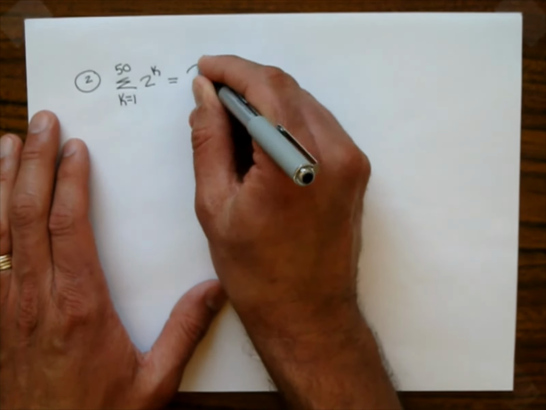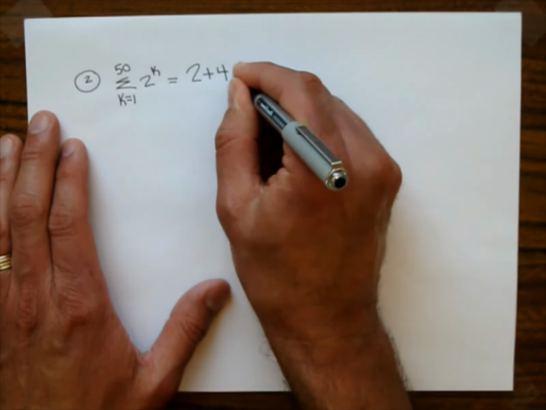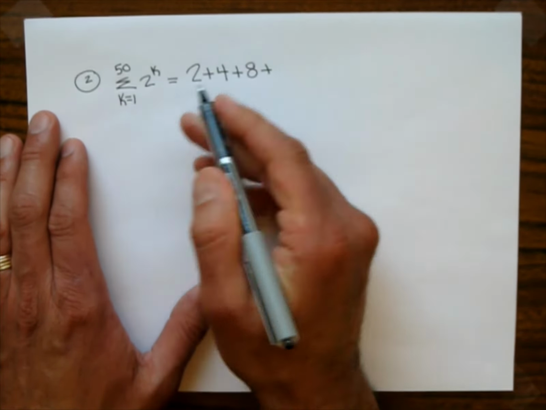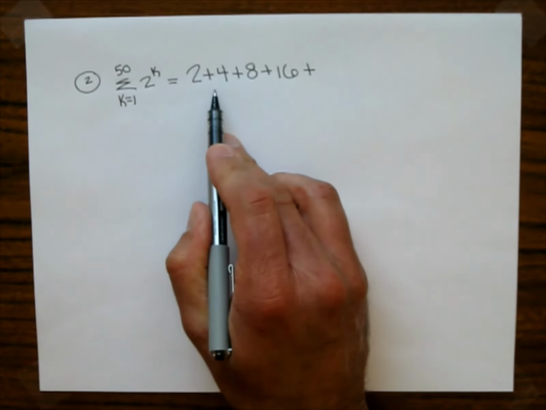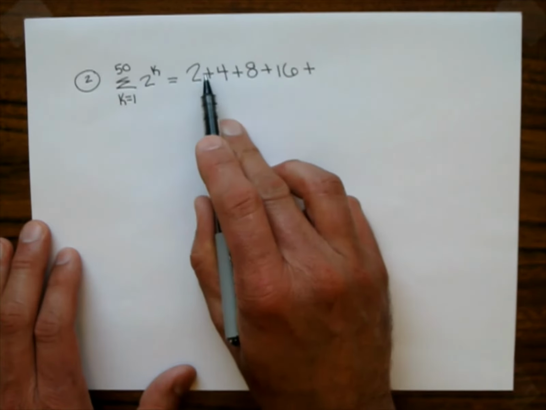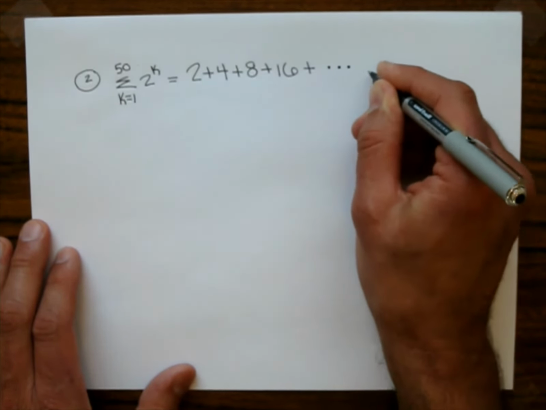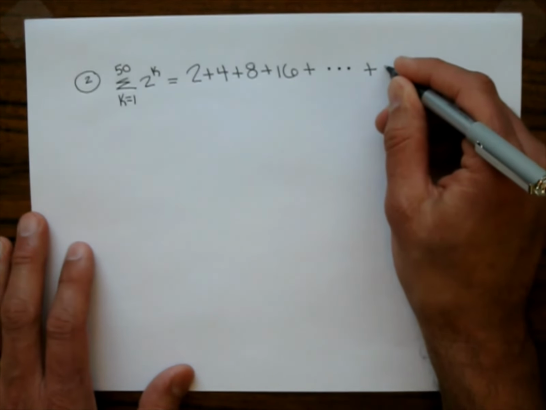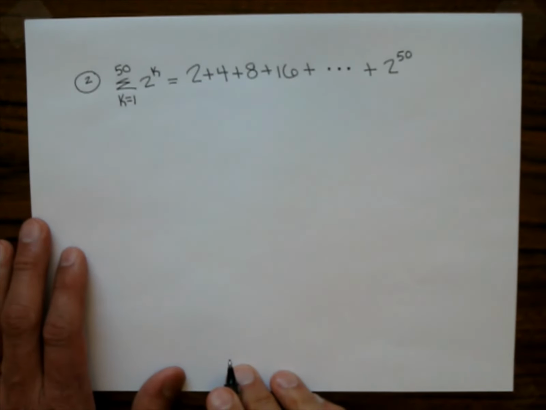The first term is 2, plus, putting k equals 2 in there, 4. Putting k equals 3 in there, that's 8. Putting k equals 4 in there, that's 16. You can see that this is a geometric series because you're multiplying by 2 each time. I'm not going to write out all the terms because there are 50 terms, but the last term is going to be 2 to the 50th.